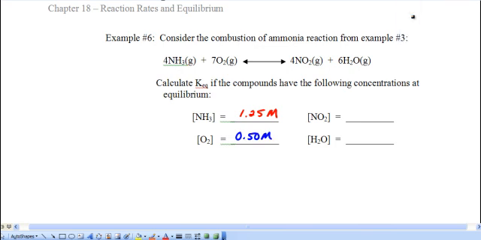We'll say that the NO2 has a concentration of 3.25 molar, and the concentration of the water will be 4.00 molar. So now you have enough information to solve and answer example number 6.